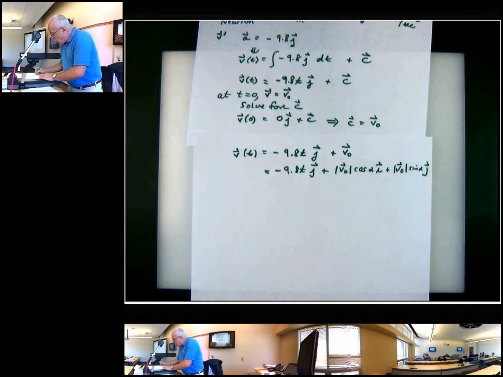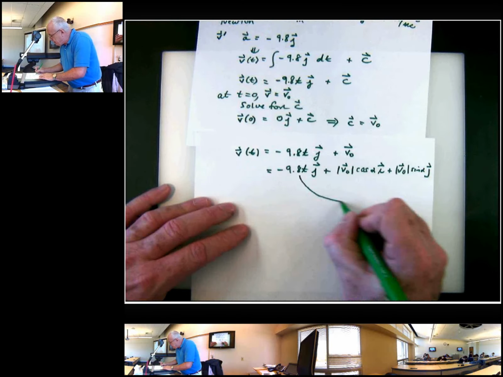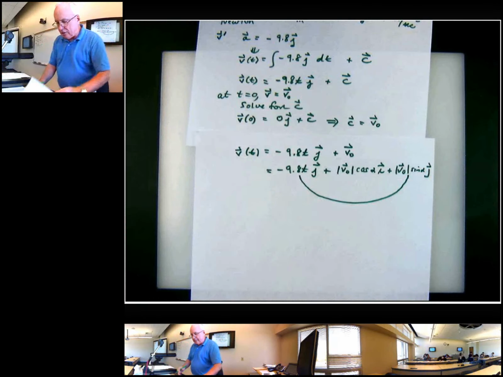And now what I want to do is combine this j component with this j component, so let's put it all together.